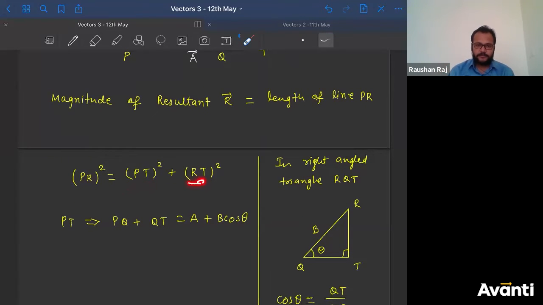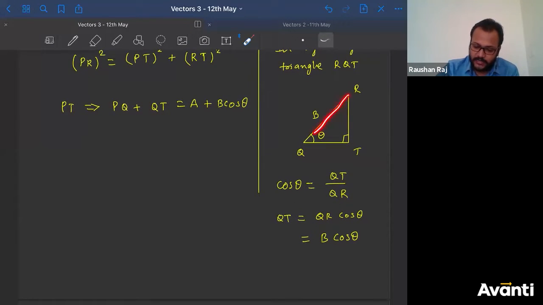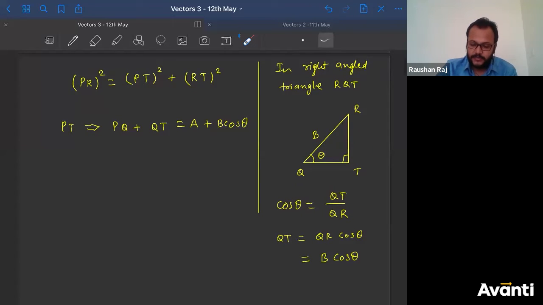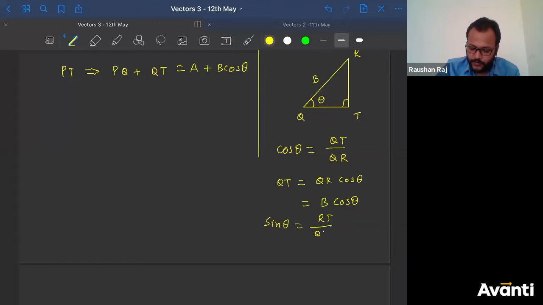What about RT? In the same right angle triangle RQT, what is this length RT? So RT is this length, right? Can I say this RT is nothing but perpendicular with respect to this angle theta? So I'll write sine theta is equal to RT divided by QR.